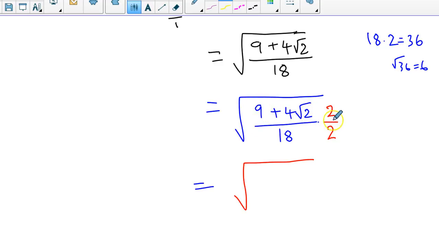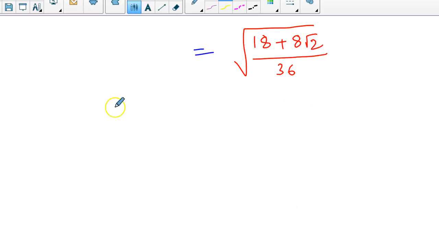Using distributive property, 2 times 9 gives you 18 plus 2 times 4, that is 8, and square root of 2, of course, 8 root 2. I just multiplied 2 times 9, 18, and 2 times 4 is 8 root 2. And in the denominator, 18 times 2 is 36.